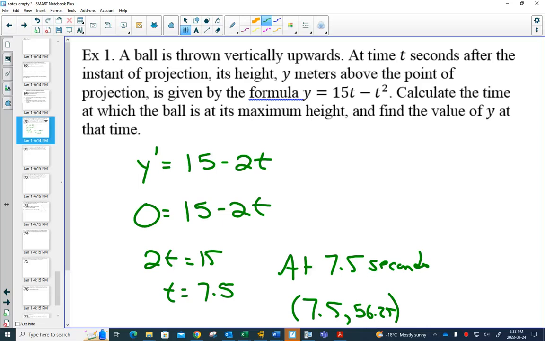A couple of other things I noticed about this question. Remember yesterday when we did kinematics that if this was a real life question, the value in front of t squared should be negative 4.9, and the value in front of t squared here is negative 1.